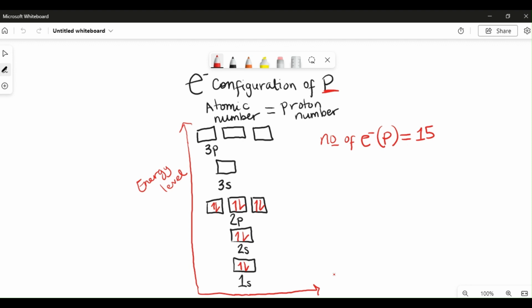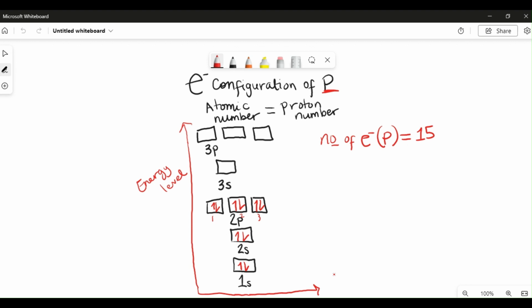Now, one thing you need to know is this. Whenever you're filling electrons in a particular orbital, in this case p, where there is more than one orbital, so we have three orbitals here, the first one, the second one, and the third one, you have to note that you're going to fill each one of the orbitals first before you fill it the second time, because there's something called Hund's rule where you need to make sure that there's no energy destabilization.